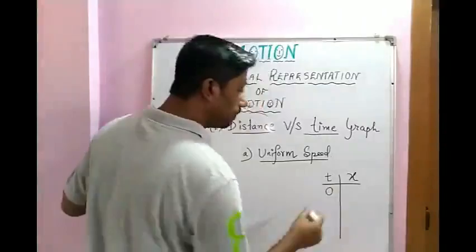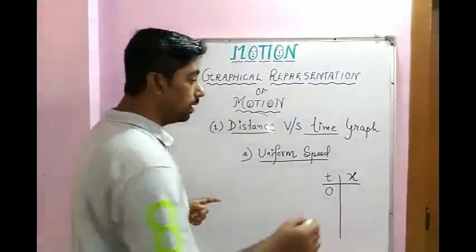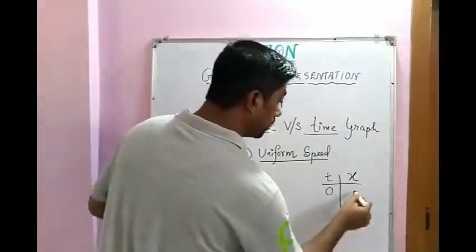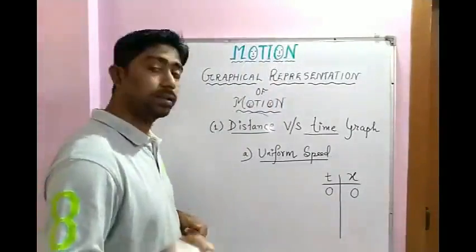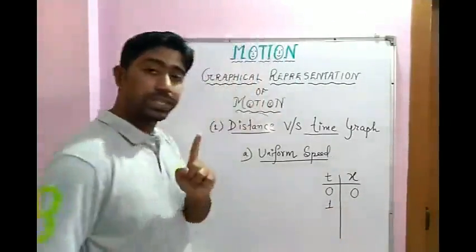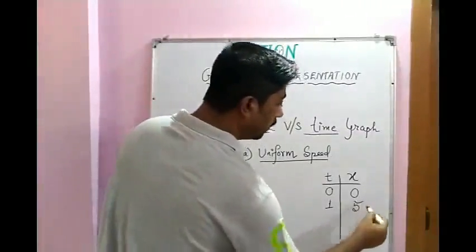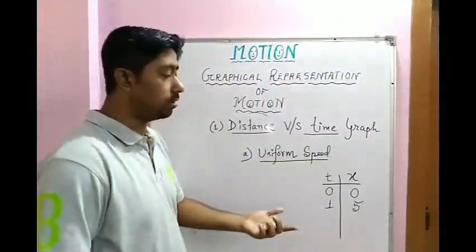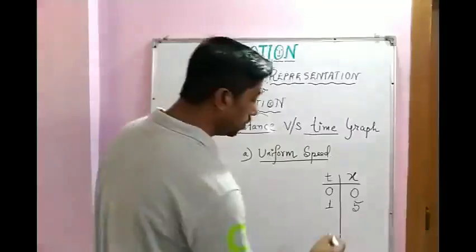When time is 0, the distance traversed, let it be 0. When time is say 1 second, let the distance be say 5 meter. I am selecting the data so that I can show you the graph corresponding to uniform speed.